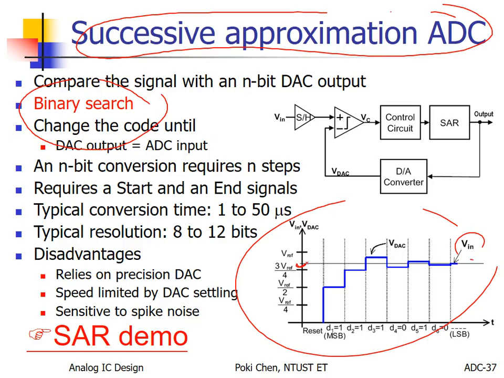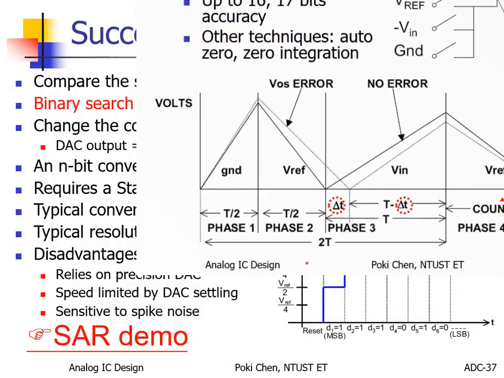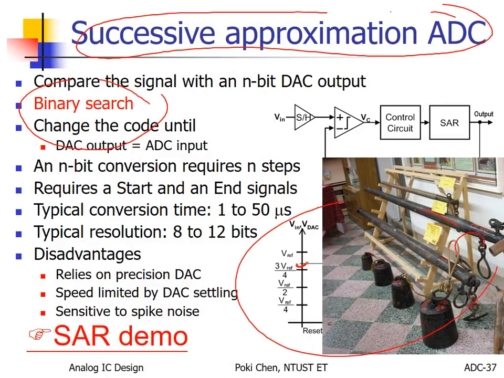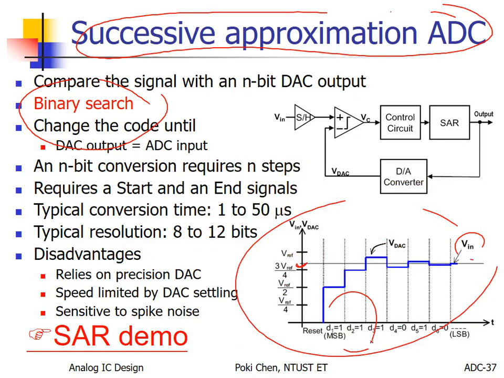So from the beginning, as our ancestors, the largest first. So according to our circuit, what is the largest? Because we have the DAC, right? So it means MSB first.